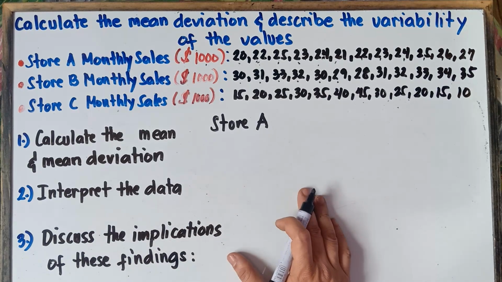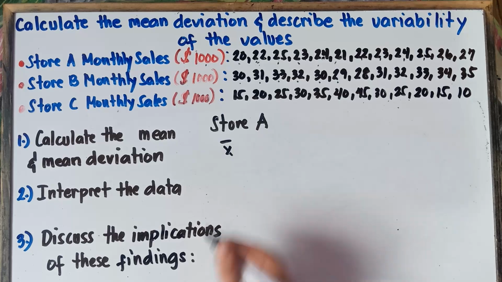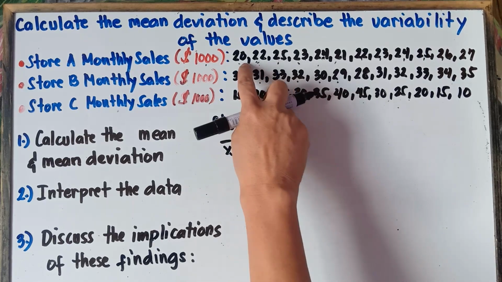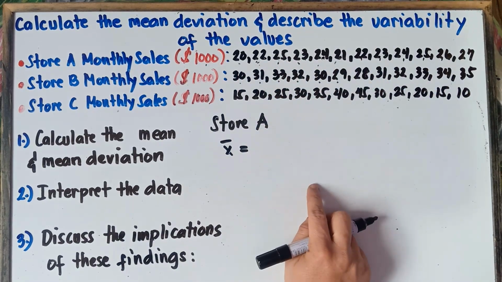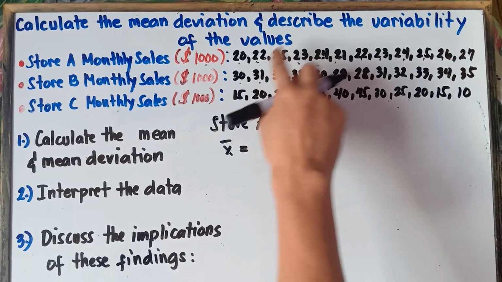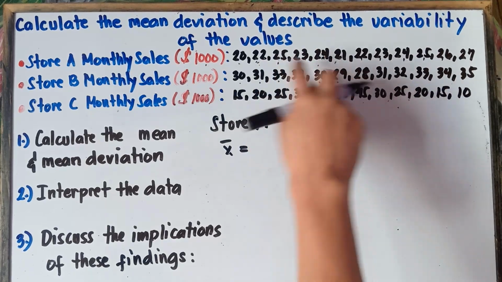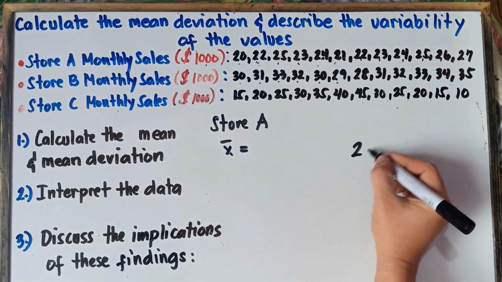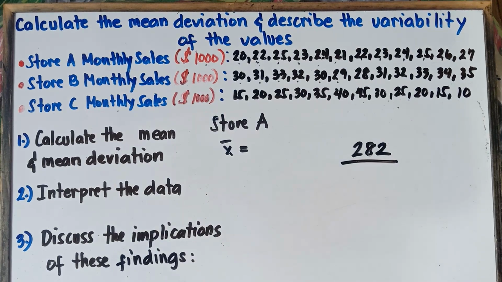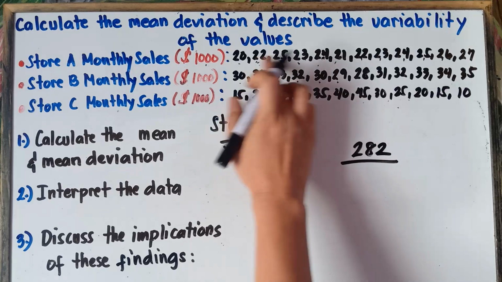Now, just to recall, to find the mean for store A, simply add the samples divided by the total number of samples. If you add 20 plus 22 plus 25 plus 23 plus 24 and so on, the answer is 282. And then you divide this by the total number of samples.